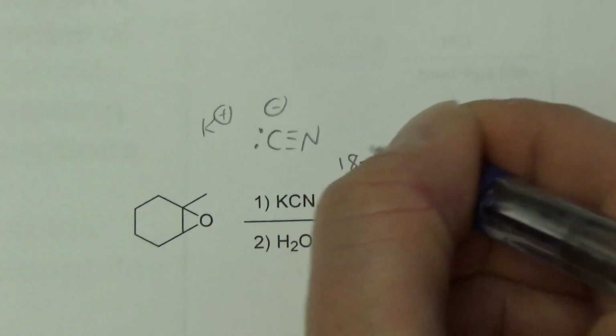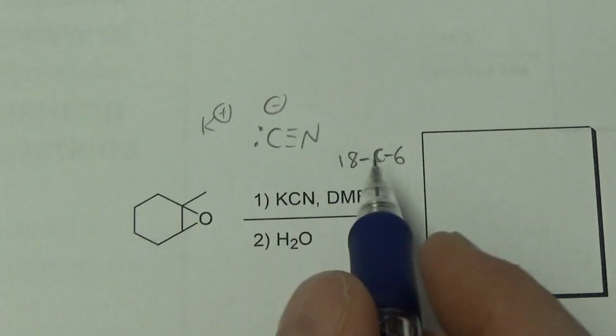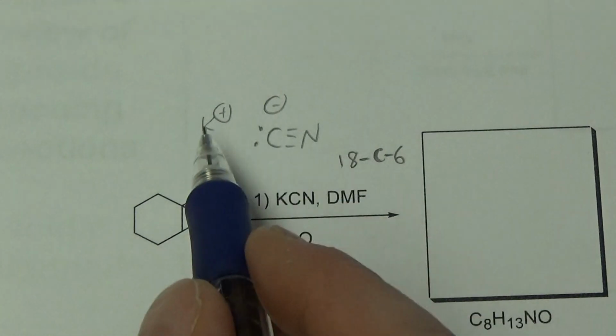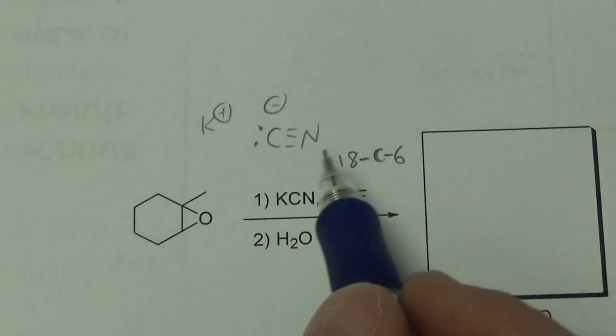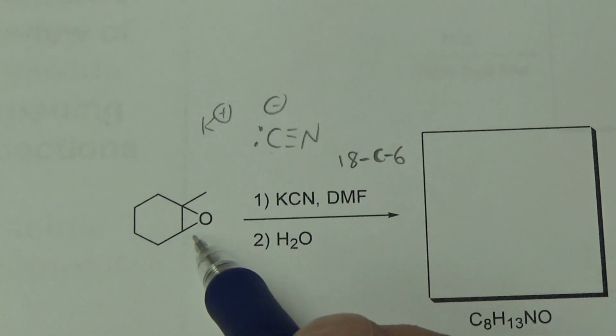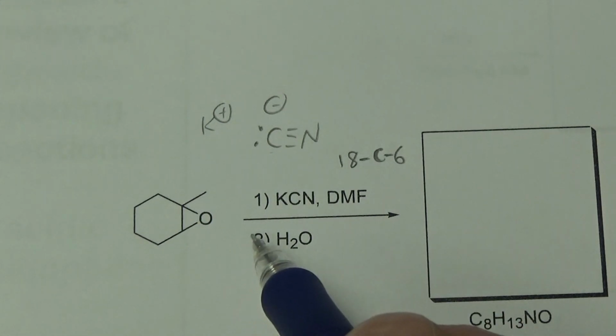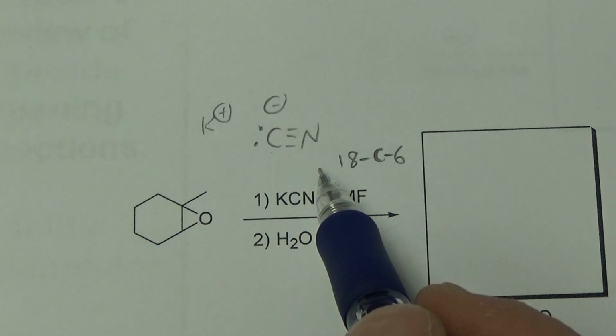That was in chapter 9. You can review that if you like, but basically 18-crown-6 surrounds the potassium, and then the CN minus goes and does its attack. So CN minus can attack the top or the bottom here, in SN2 style, non-acidic nucleophile.